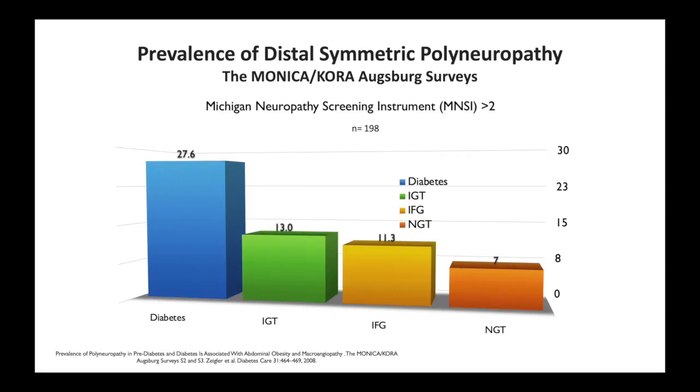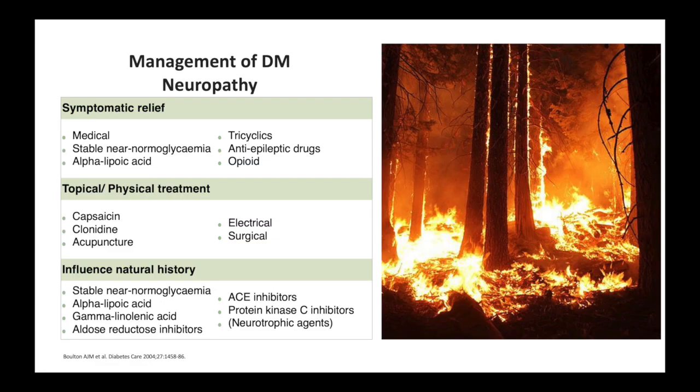This is why we said there may be a need for screening in patients with prediabetes, because we learned in the MONICA/KORA Augsburg survey that even for patients with IGT or IFG, which are prediabetic states, neuropathy may be present.